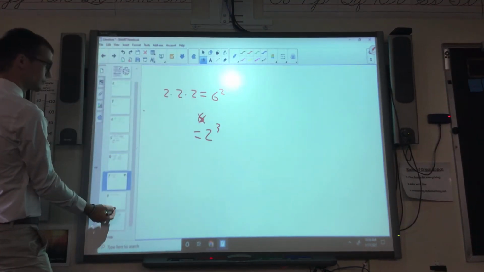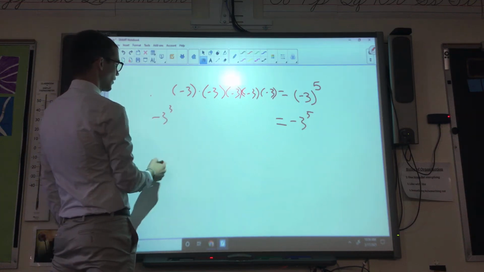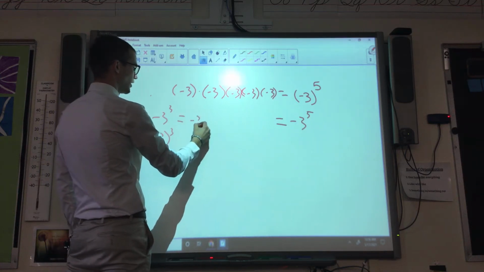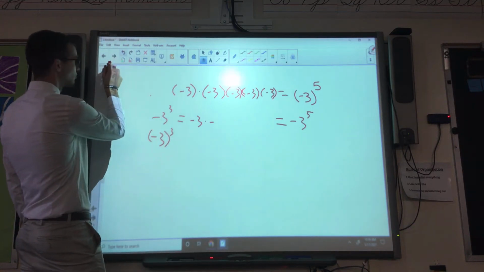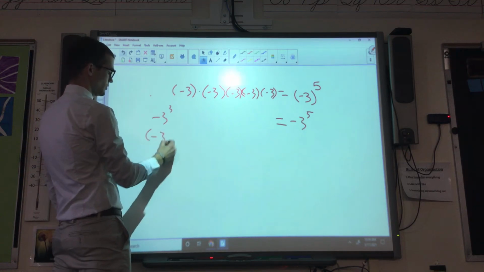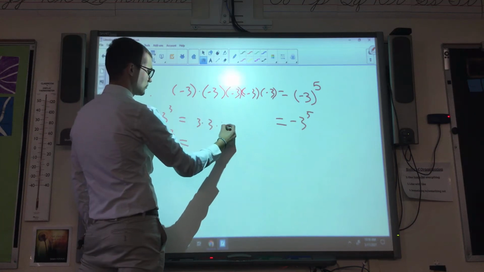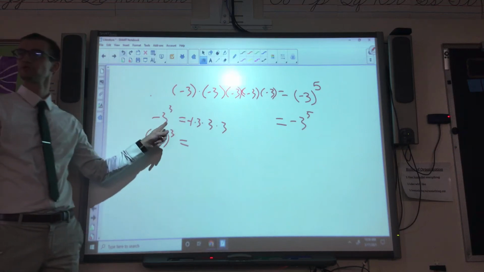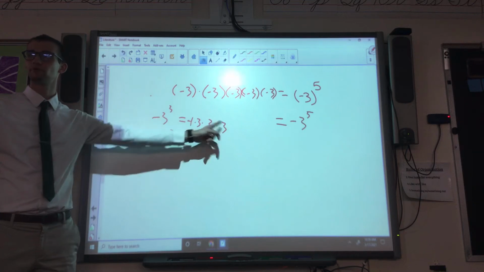I'll give you an example. Let's say you've got negative 3 to the 3rd power and negative 3 in parentheses to the 3rd power. Negative 3 to the 3rd power is 3 times 3 times 3, and it's actually negative 1 times that, because exponents come first.